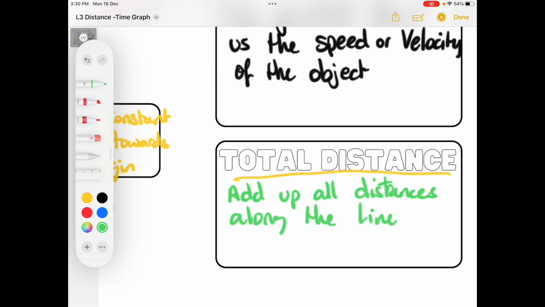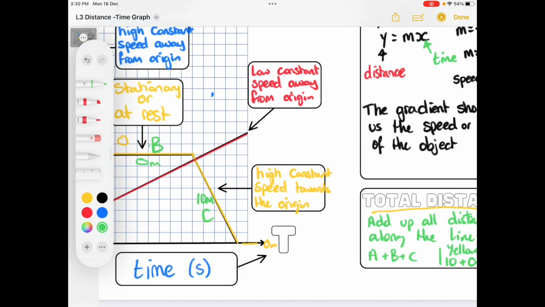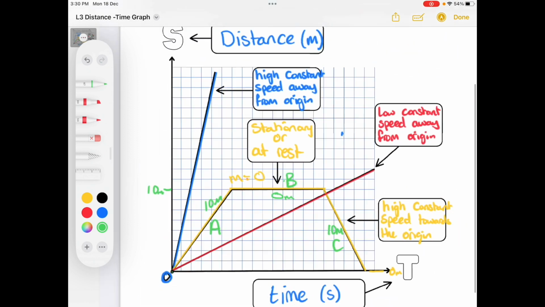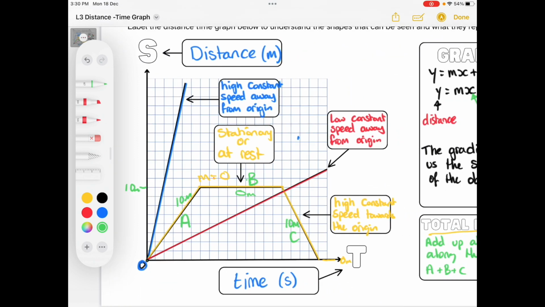So if we're looking at that yellow line, it'd be A plus B plus C. So in that case, for the yellow line, it would be 10 plus 0 plus 10, 20 meters. And you would just do that for any of them. So if we were to look at, let's say this blue line, we would just count up. Now there's no actual scale on here, but you would just count up and be able to work out the distance.